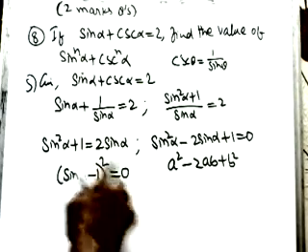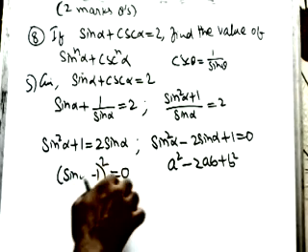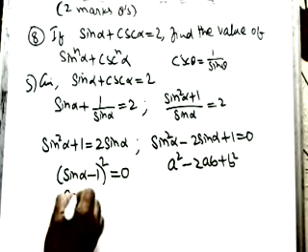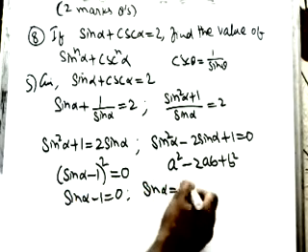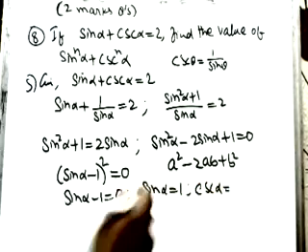So it is of the form a square minus 2ab plus b square, which we can write as a minus b whole square equals 0. Sine square alpha minus 2 sine alpha plus 1, with 1 as 1 square, is sine alpha minus 1 whole square equals 0. Taking the root, 0 will be 0, so sine alpha minus 1 equals 0. Therefore sine alpha equals 1.